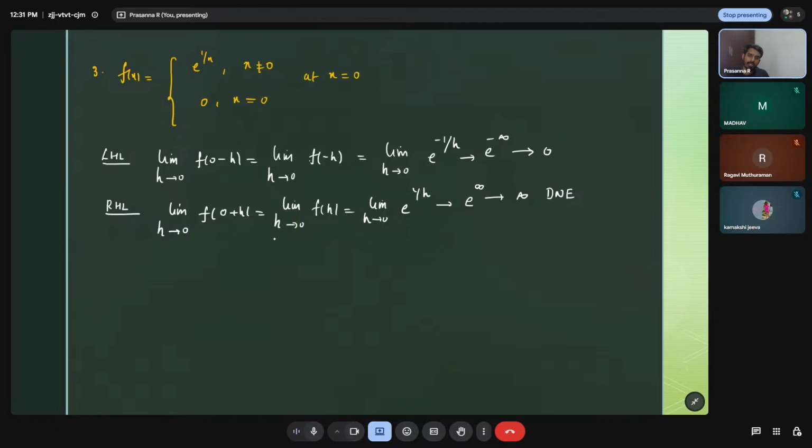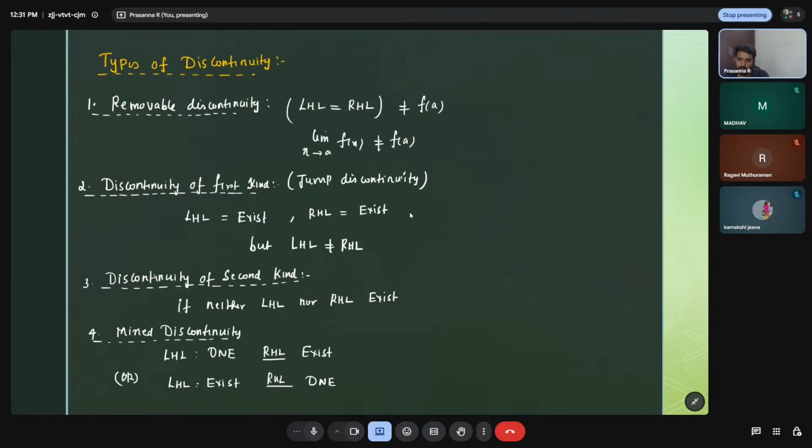So your LHL exists and is finite. RHL does not exist. That means it has a mixed discontinuity, right? Discontinuity of second kind.